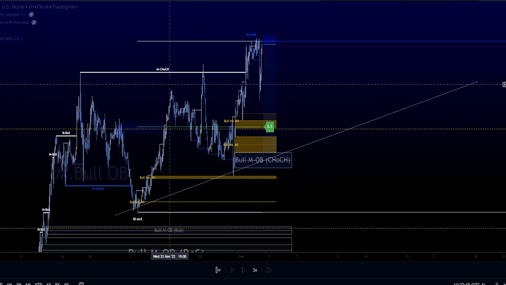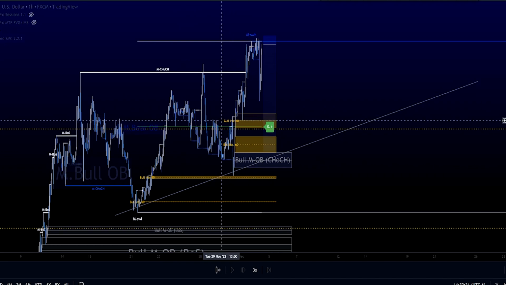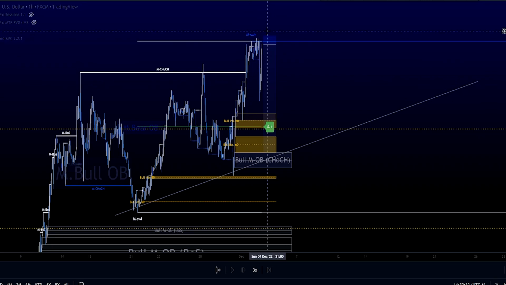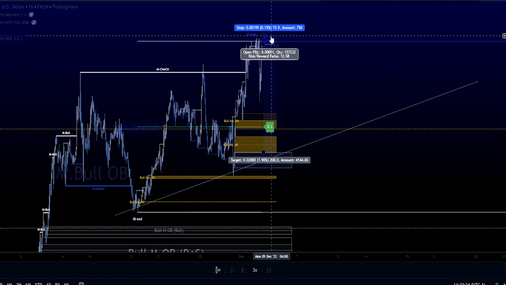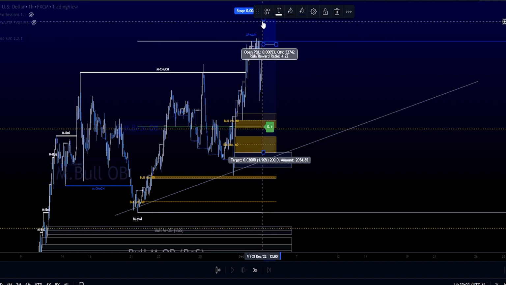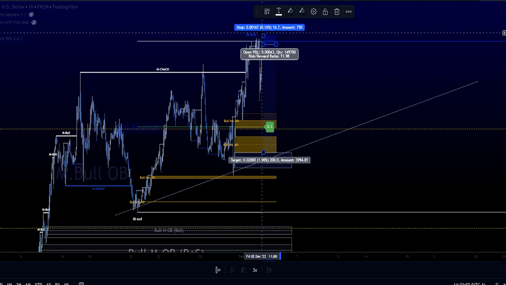So this is going to be how I would use the premium and discount areas at the current price point on EURUSD, where we're currently at. We're pretty much maxed out in the premium zone. And I would take this sell trade to see if we get a rejection here. Your risk right here, how much you're wanting to do, is completely up to you. But there's always going to be another trade.